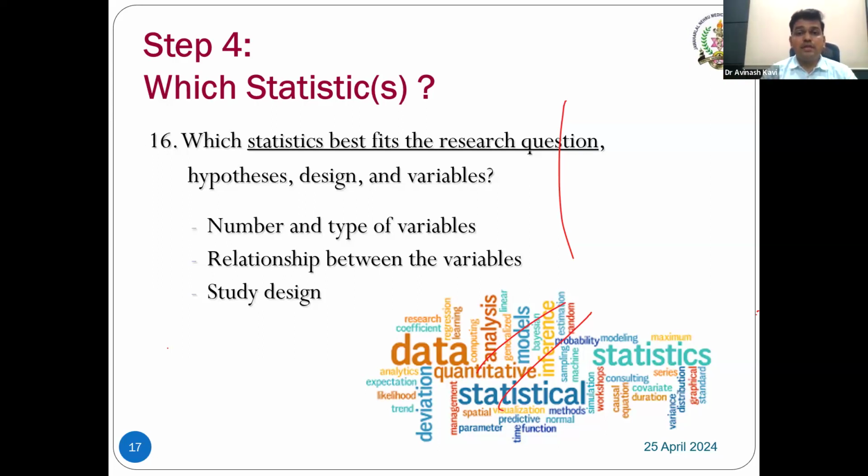So the hypothesis, the designing and the variables, everything, decides which statistics fits it. That depends on the number and type of variables, the relationship that we use between the variables, and of course the study design that we have chosen.